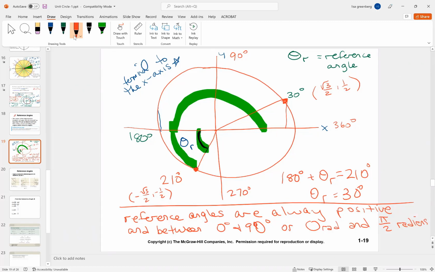We're using reference angles because we're referencing back to quadrant 1. Whatever quadrant we're in, we're always going to reference back to quadrant 1.